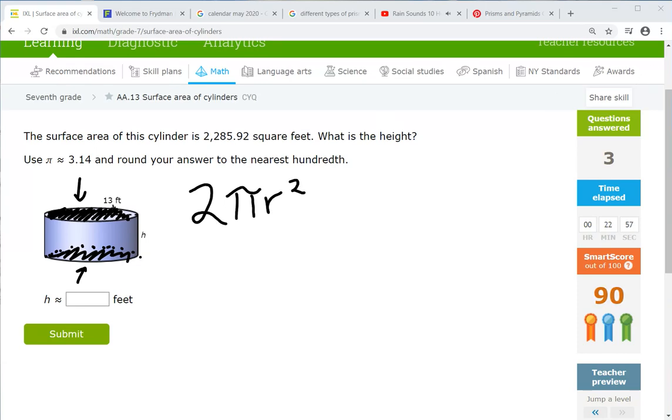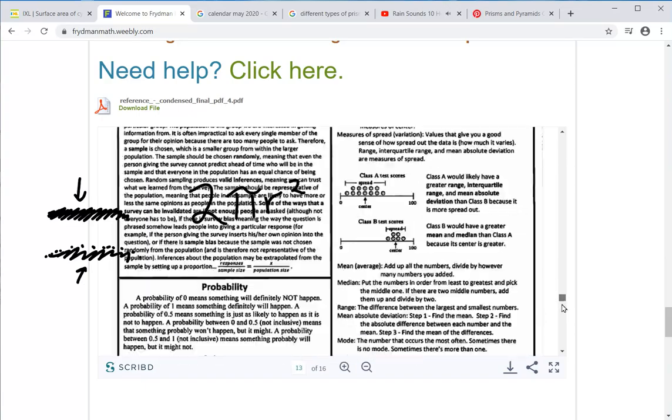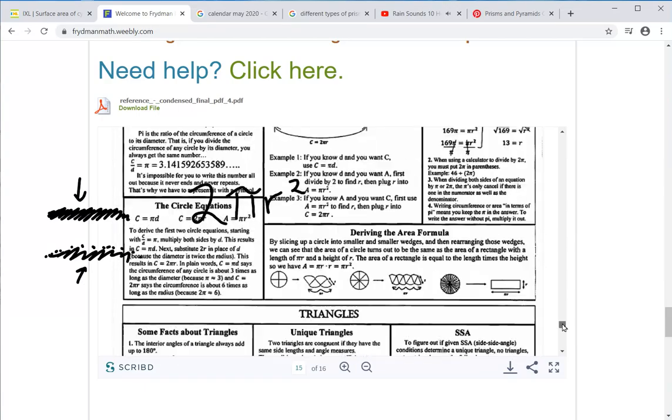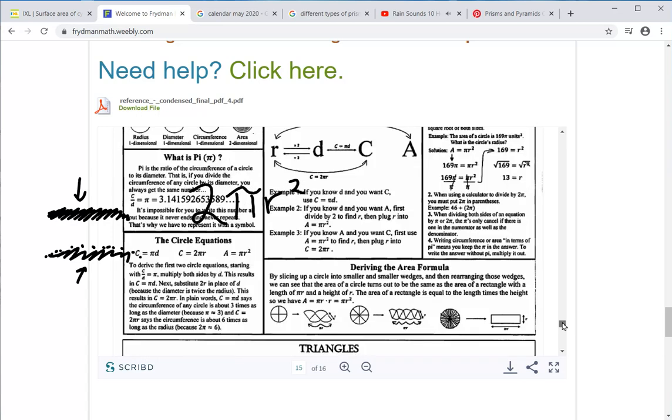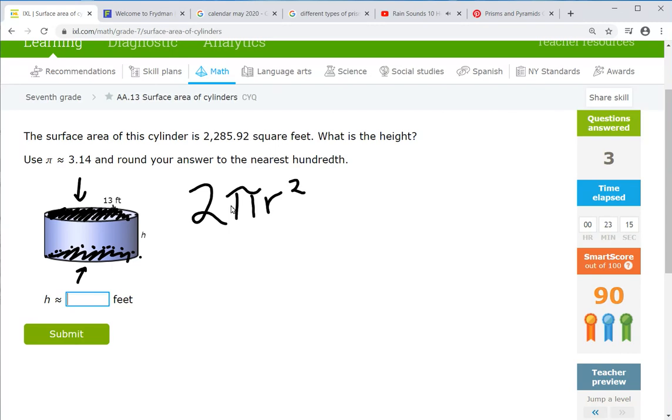Remember, the formula for the area of a circle does not have a 2 in front of it. I'm only putting a 2 in front of this because I have two bases which are exactly the same, right?